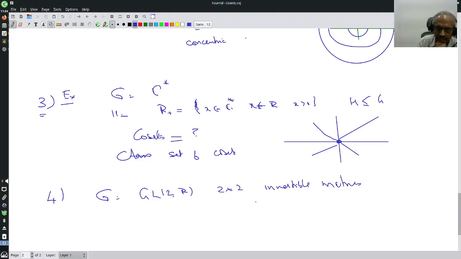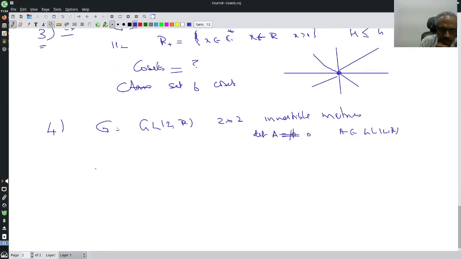This is the same as saying the determinant of A is not equal to 0 if A is in GL2R. Now let's look at H to be the subgroup SL2R. This is the set of all A in G such that the determinant of A is 1. One usually calls these unimodular matrices.